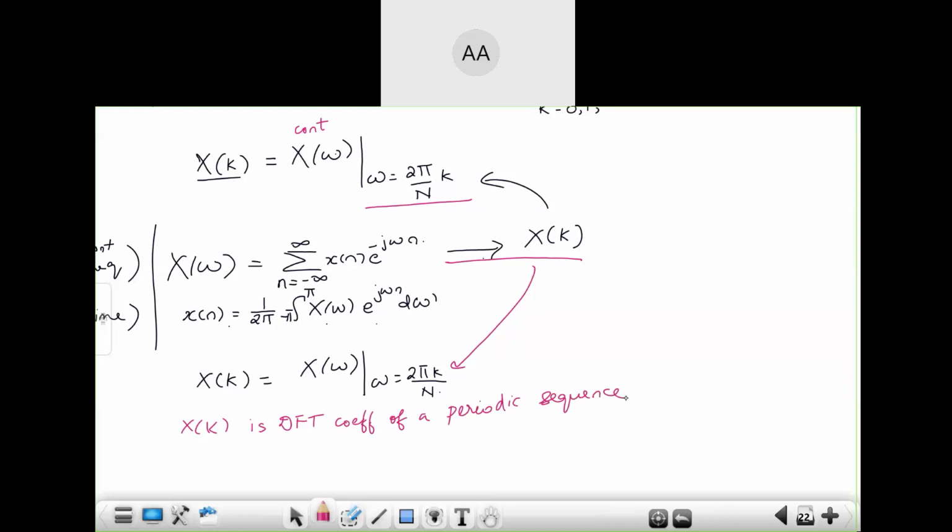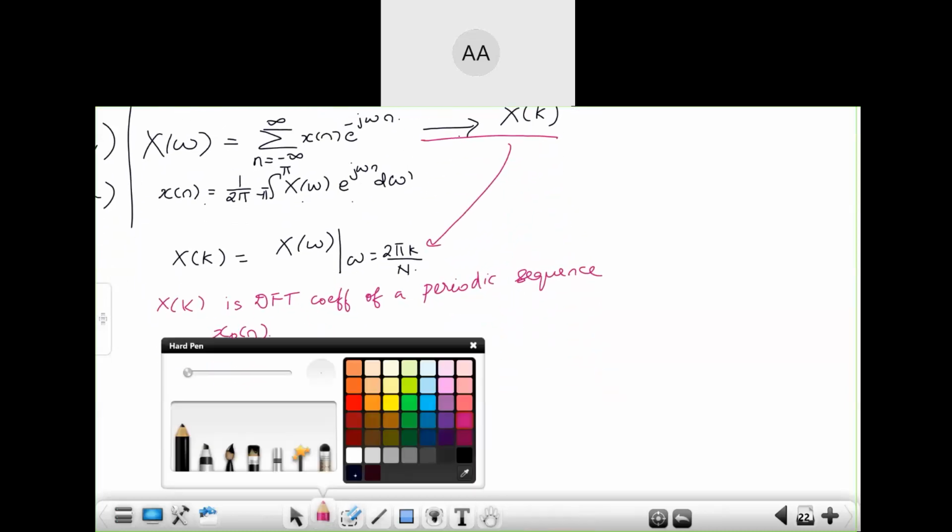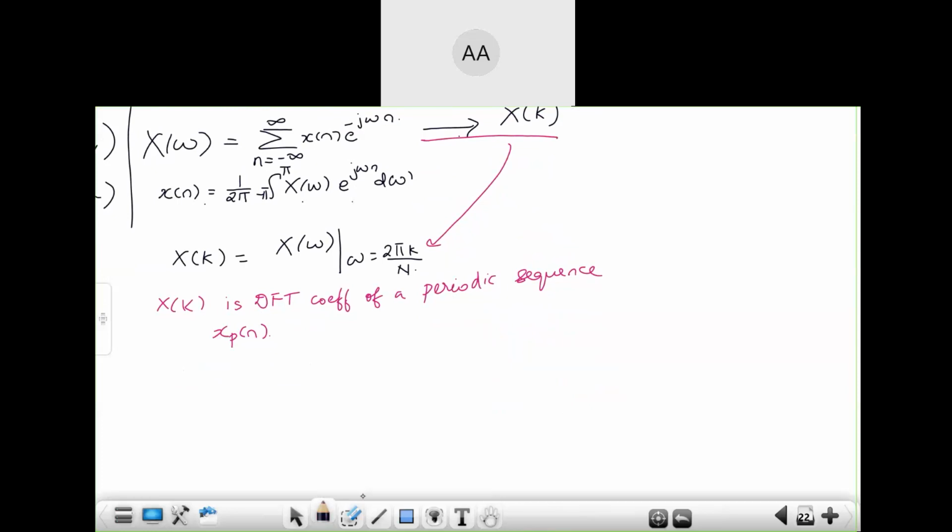Say the periodic sequence you define as xp of n, for example, just to show that it is periodic. Initially I told you we are taking an aperiodic sequence, where there is no periodicity within it. The DFT we define always for a periodic sequence. We assume some periodicity is there.